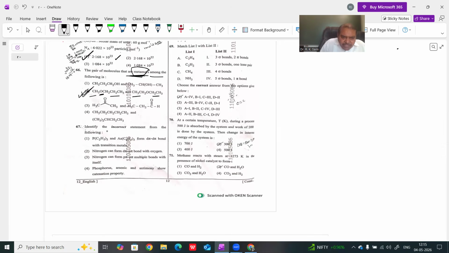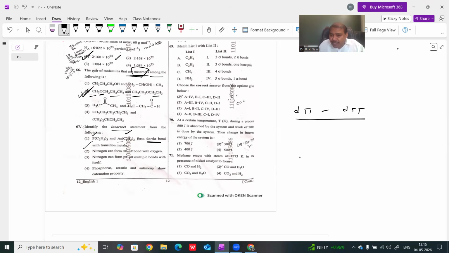Question 67. Identify the incorrect statement. PCl3 and AsCl3 form d-pi bond with transition elements. It is a correct option, because in case of transition elements, during the formation of complex, they act as ligands, and due to empty d orbitals, they show synergic effect in which d-pi bond formation takes place.